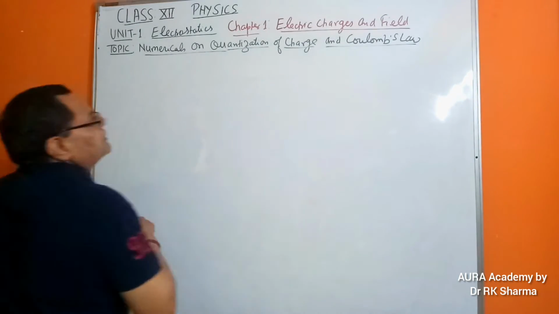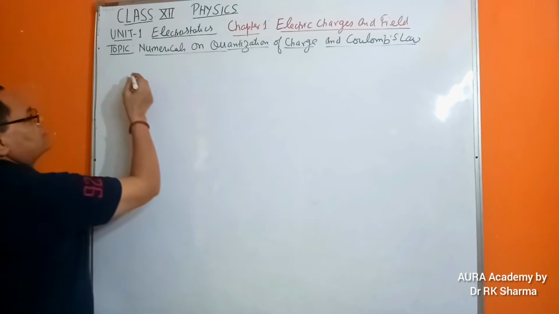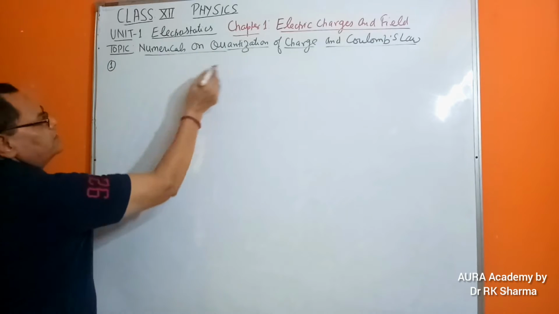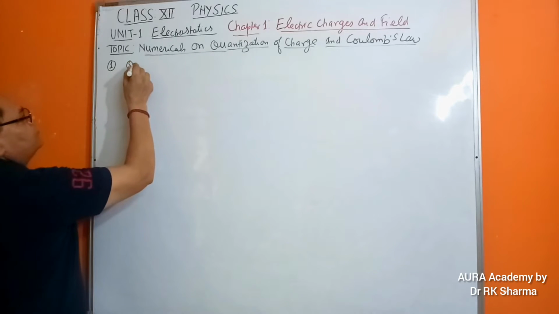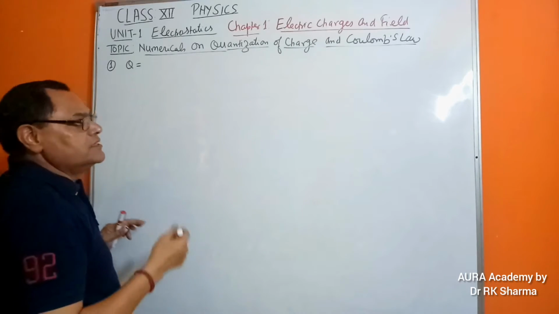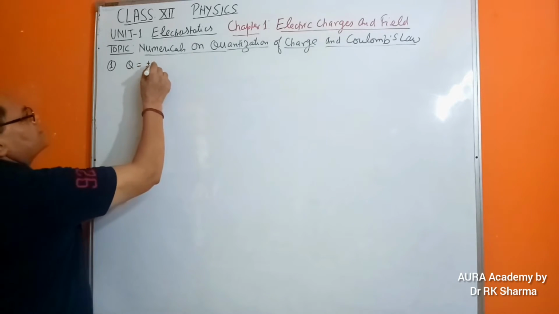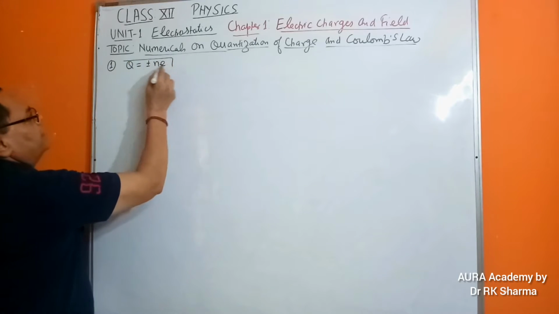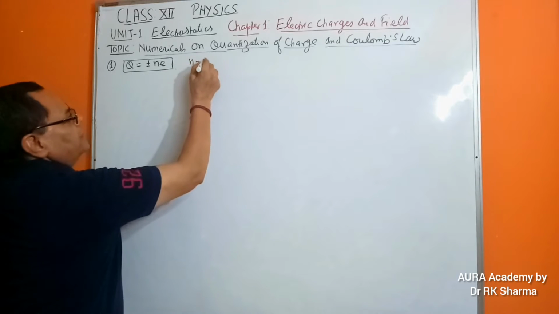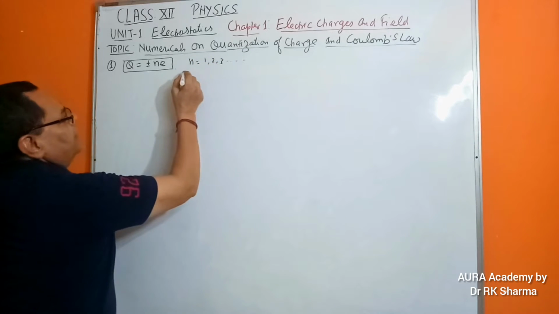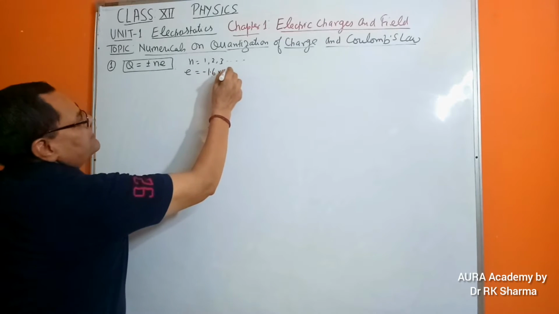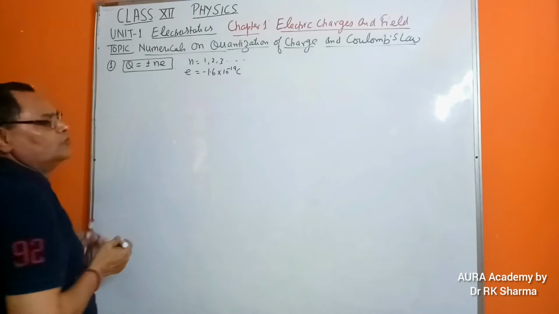Now you know quantization of charge, right? The very first formula of the syllabus says, according to the quantization law, the total charge Q possessed by a body or object is equal to plus or minus ne, where n is an integer and e is the charge on the electron. n may have any value 1, 2, 3, etc., and e is the charge on the electron, which is of negative nature, 1.6 into 10 to the power minus 19 coulombs.